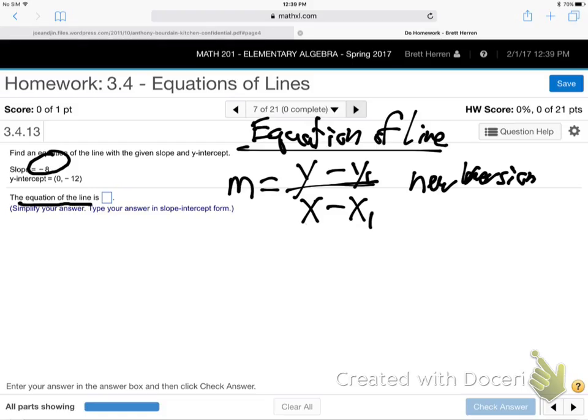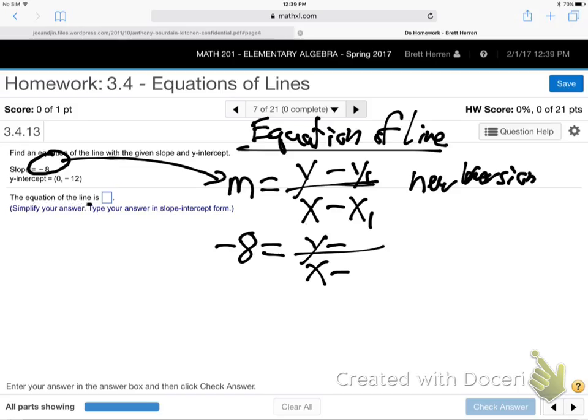Go over here now. Slope is -8. Where am I going to plug that? That's m, huh? Slope is m. The y stays y and the x stays x. Guess what I'm going to do with the 0, -12? I have a y1 slot and an x1 slot. This one's x1, this one's y1. It's my only point.